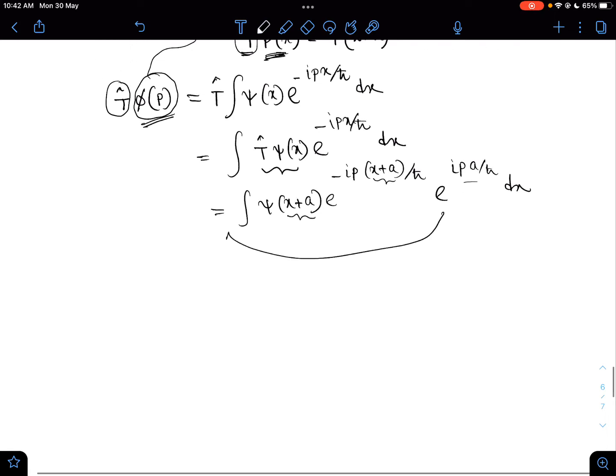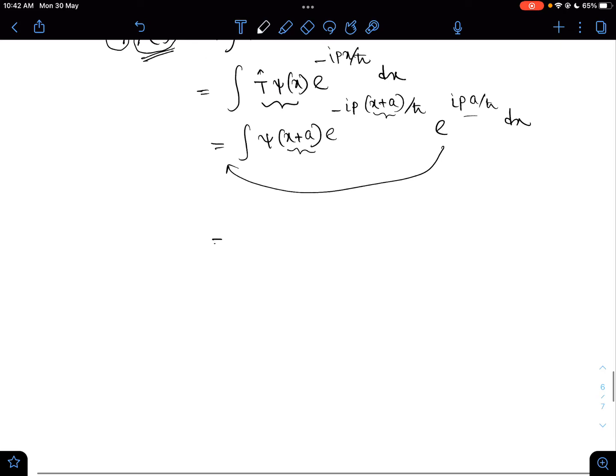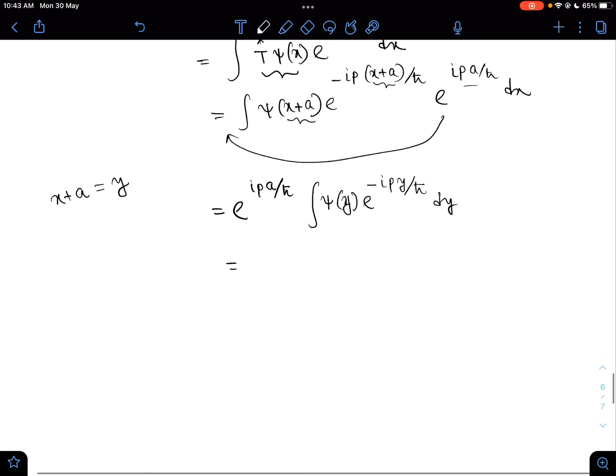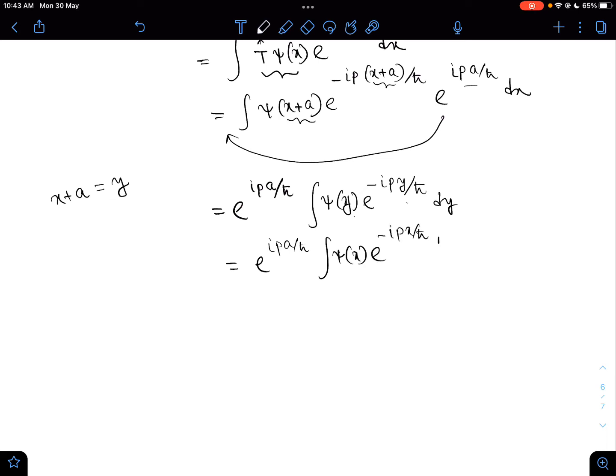So this we can take outside, e to the power ipa by h cut. Now if we replace this x plus a by another coordinate, say y, we have psi y e to the power minus ipy by h cut dy. Since y is a variable here, we can replace this by x, so we have psi x e to the power minus ipx by h cut dx.